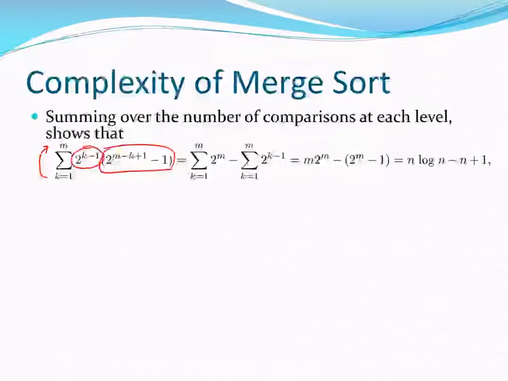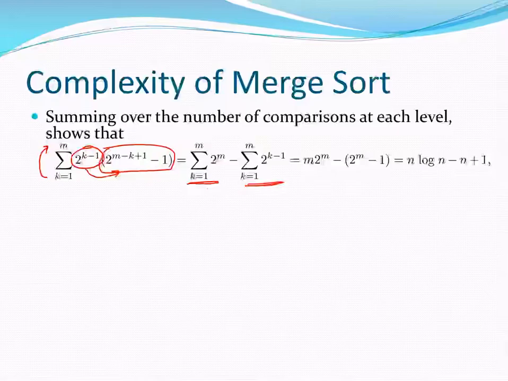I can multiply this through, distribute that 2 to the k minus 1, and I can break that sum apart into the sum of 2 to the m, where k goes from 1 to m, and the sum of 2 to the k minus 1 as k goes from 1 to m.